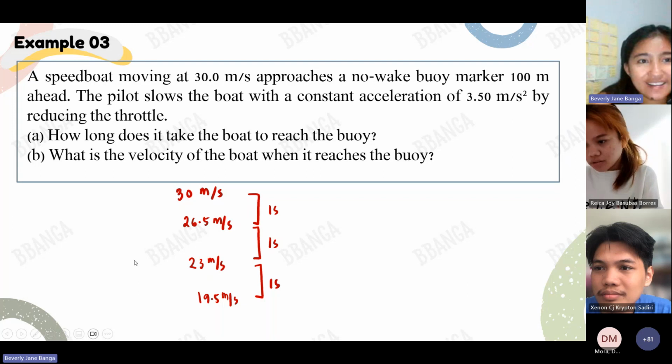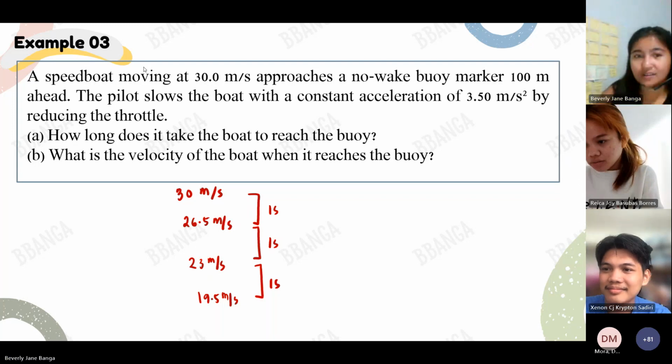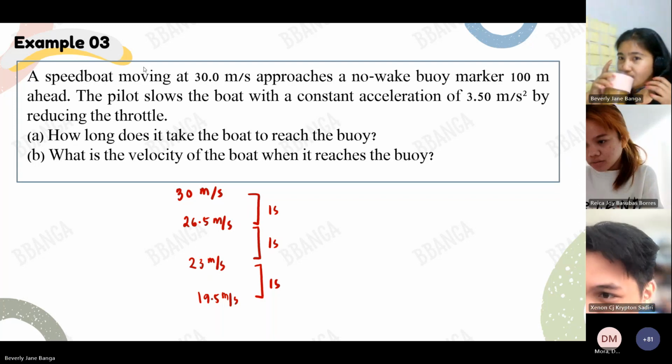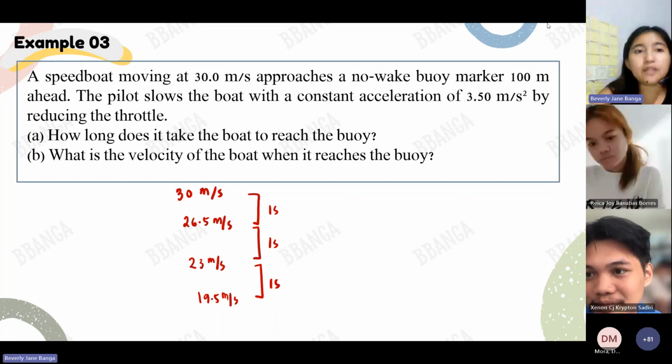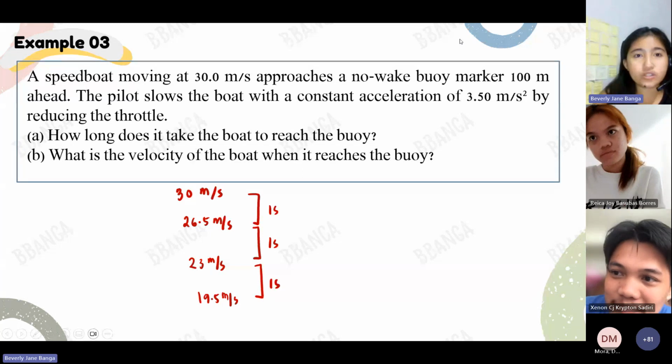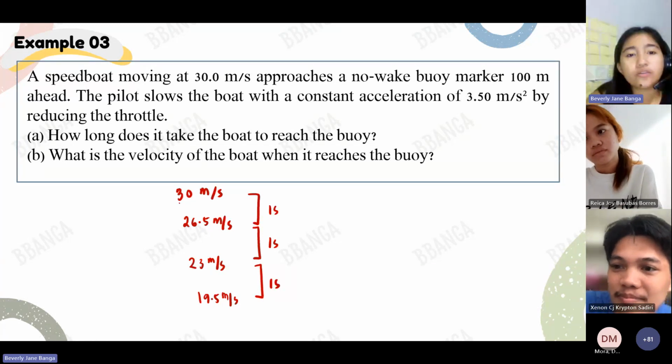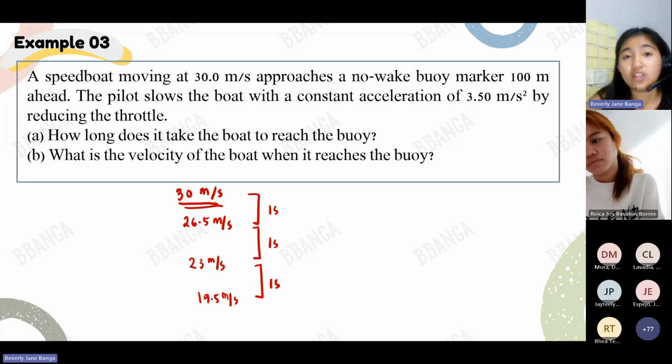Nagigets nyo ba? Or hindi nasundan? Kapag minanwal natin na ganito, class, di ba 30 yung start niya. So, 30 meters per second initial velocity. Ibig sabihin, doon sa first second niya, ilang metro yung nabiyahe niya?